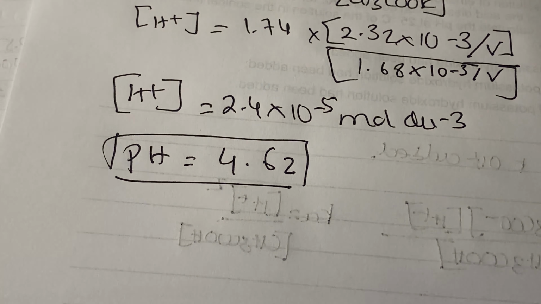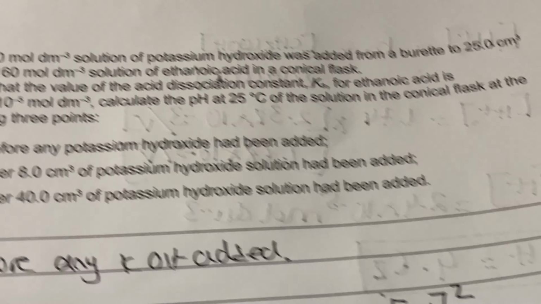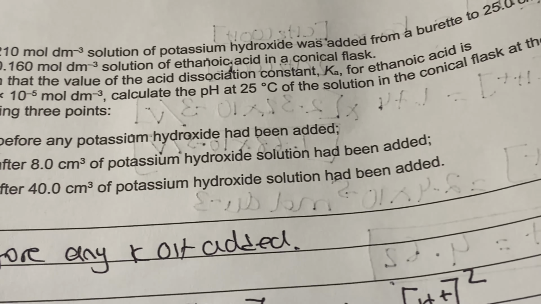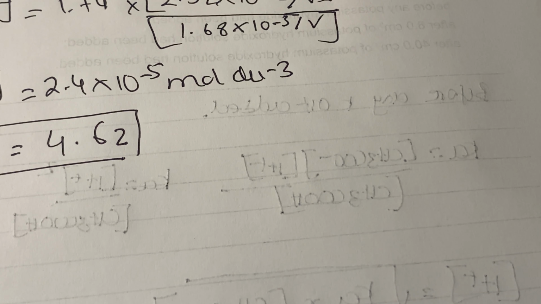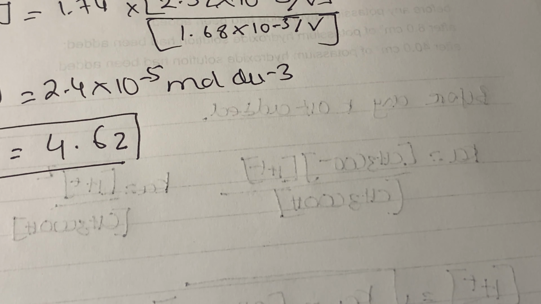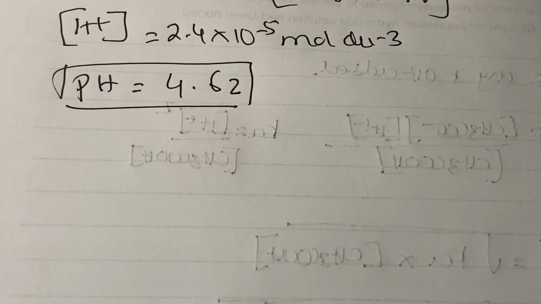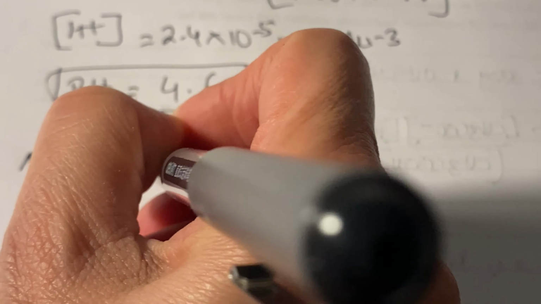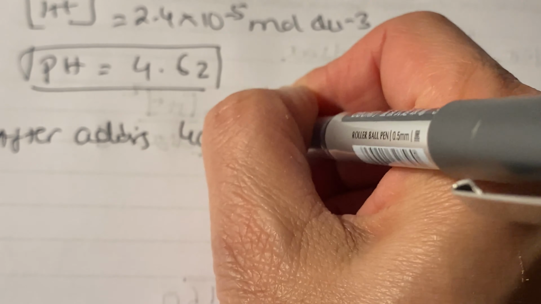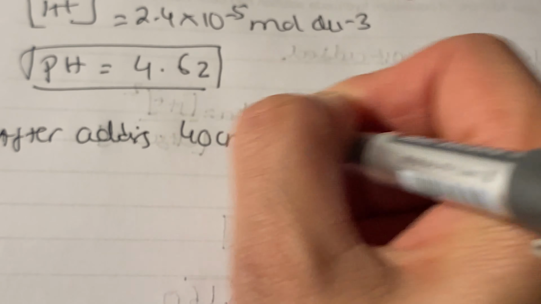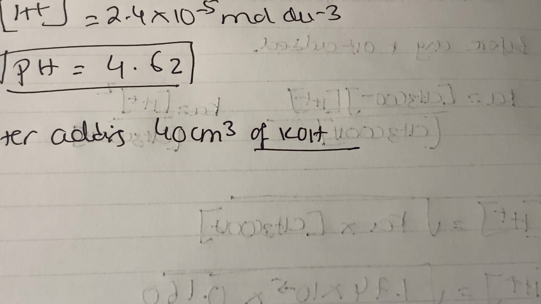Now the third point is when you add 40 cm^3 of potassium hydroxide. After adding 40 cm^3 of potassium hydroxide, you end up with this sort of calculation.